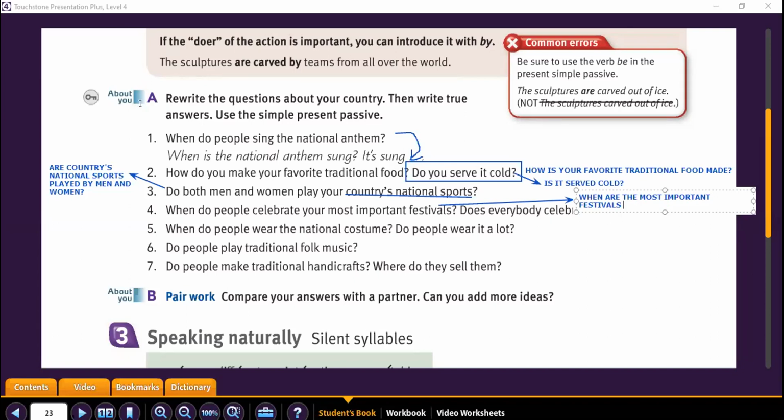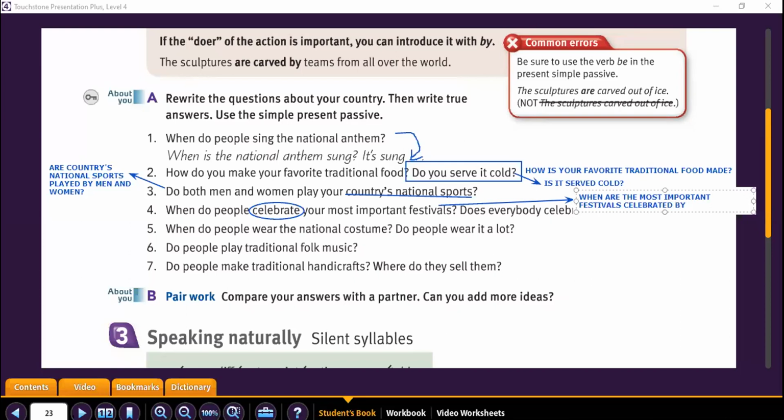Y el verbo, ¿dónde estaba el verbo? ¿Cómo nos quedaría este verbo en pasado participio? Celebrated. Okay, so when are the most important festivals celebrated? ¿Por quién?